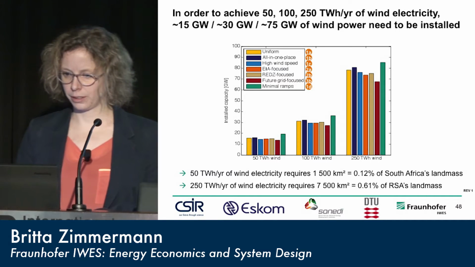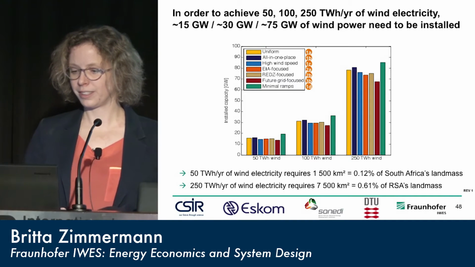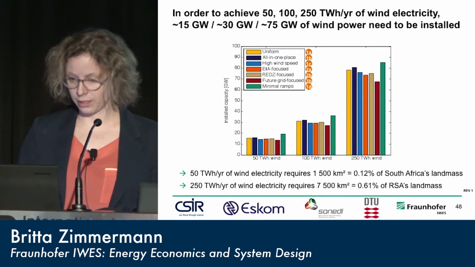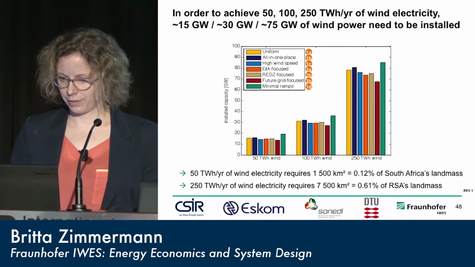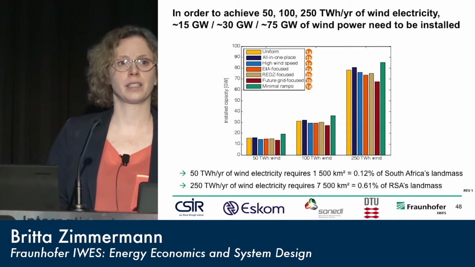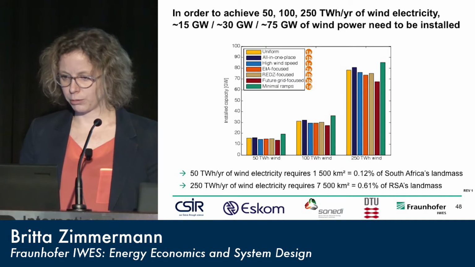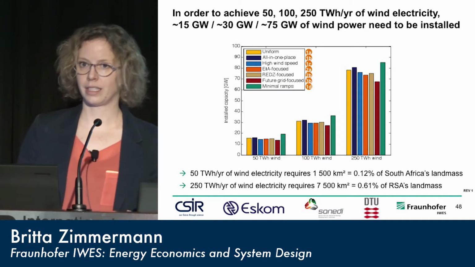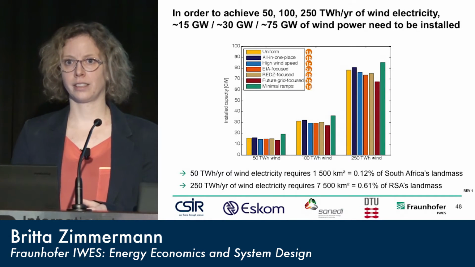In this graph, you can see how much capacity would be installed for the different scenarios. The uniform resource distribution and the future grid-focused resource distribution being the ones with the lowest installed capacity. For the future grid-focused resource distribution, this might seem a bit surprising. It's not, because what was done here was the allocation of turbines was done according to their distance to the grid nodes.